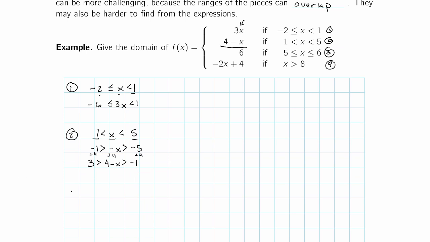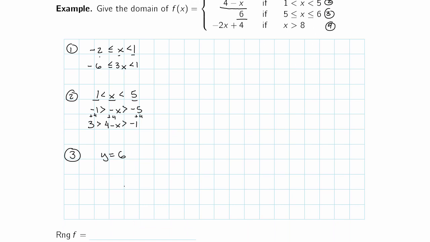All right, the third piece is actually very, very easy. On the third piece, the expression for y is just the single number 6. We will get just the single number 6 in our range from that. And finally, on the fourth piece, we start with x is greater than 8.